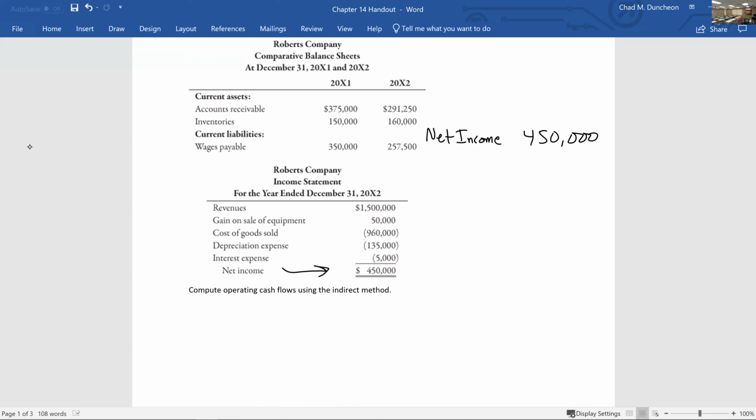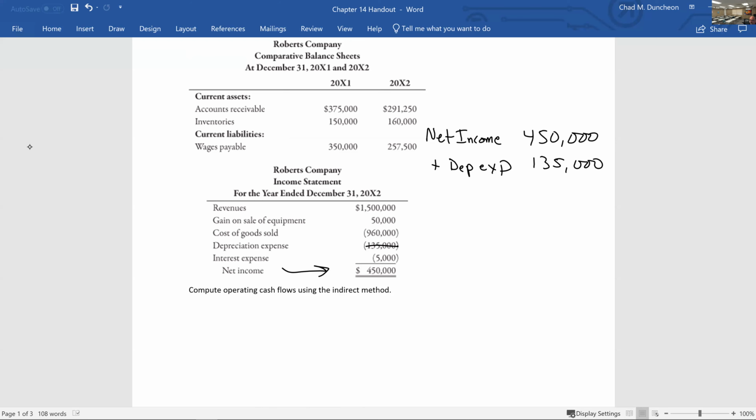Okay, so then we start thinking about our steps here. The first thing I do, add back non-cash expenses. The major non-cash expense we have is depreciation. So I am going to add that $135,000 back. That is the only non-cash expense I have right now. Okay, so that's it for step one.